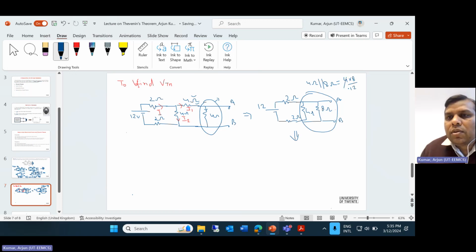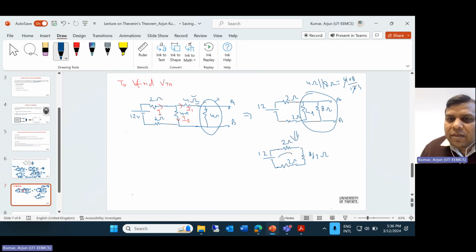Okay, so it will be 8 by 3. This is simply 8 by 3. Okay, so you can simply write this is 2 ohm and it will be 8 by 3 ohm, and you have a 2 ohm and then you have a 12 volt voltage.